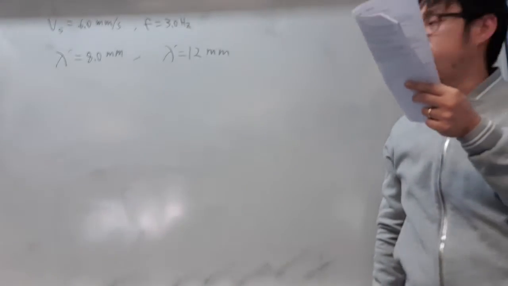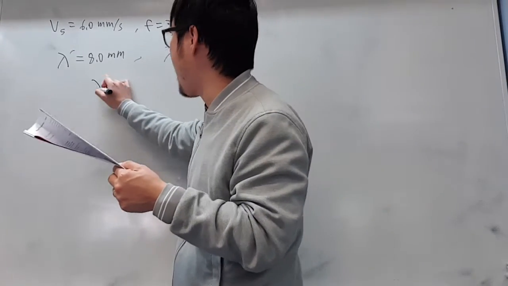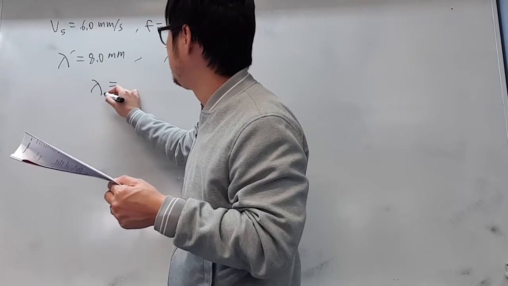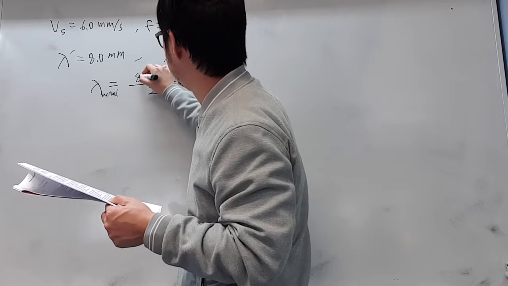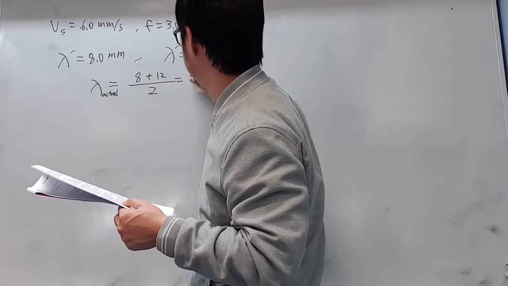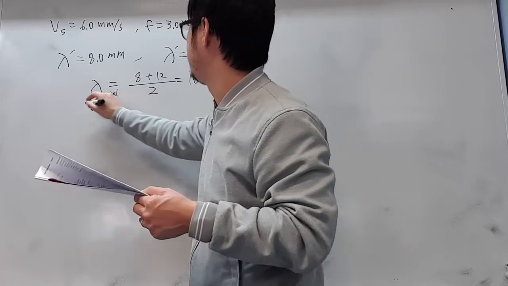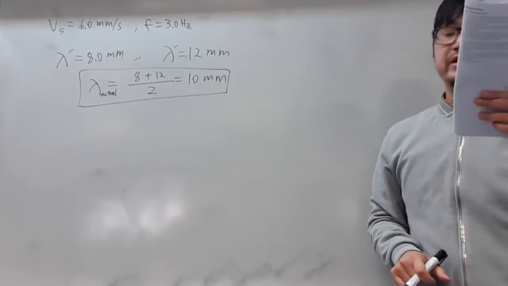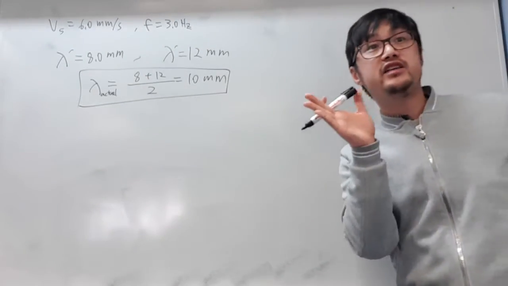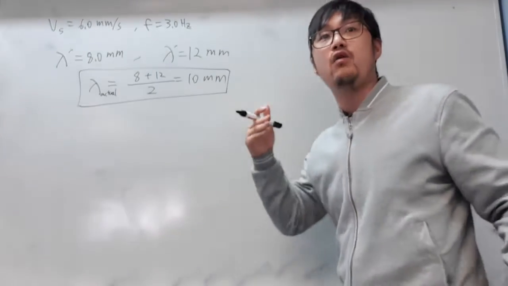The actual wavelength is supposed to be half of this value. That should be the actual wavelength, because the thing is moving away.